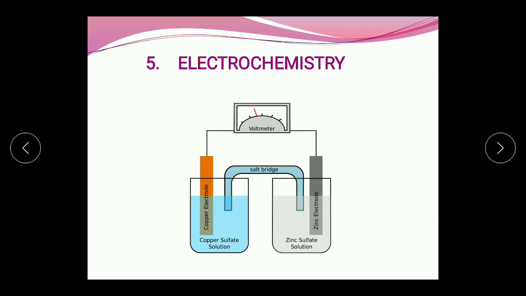Thus, what is the result of electrolysis of molten NaCl? At the anode, we got a pale green chlorine gas, and at the cathode, molten silvery white sodium is formed.